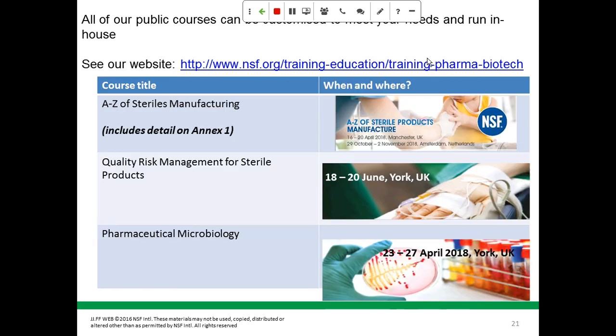I'll draw your attention finally to 4 events that we've got coming up this year that are going to go into a lot more detail on risk management and contamination control strategies. So that's 2 events of A to Z of Steriles, which is in Manchester in April and Amsterdam in November.